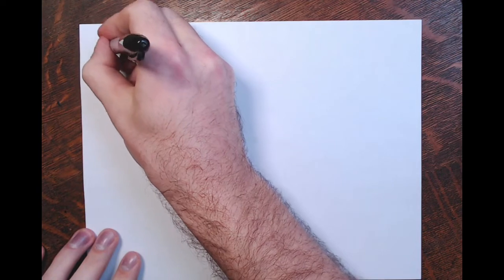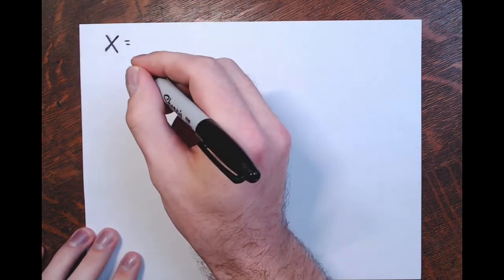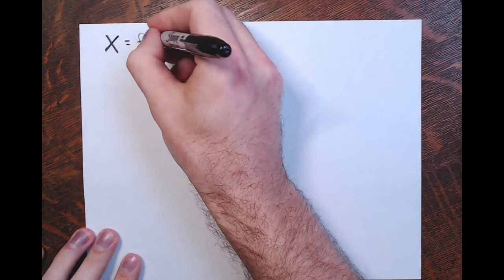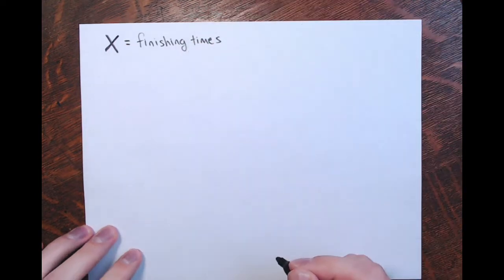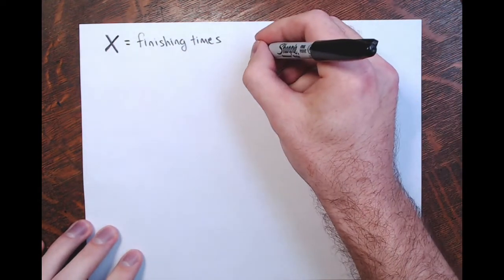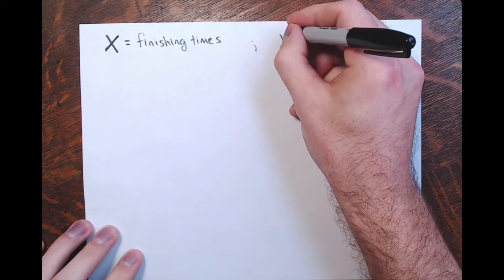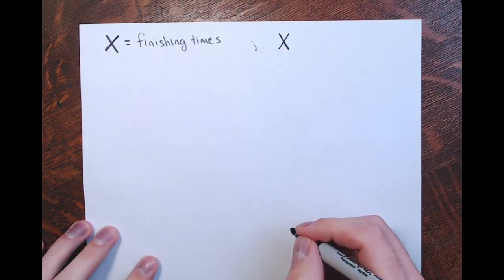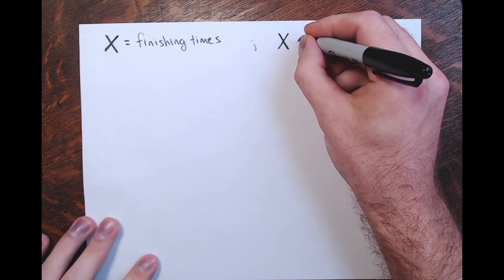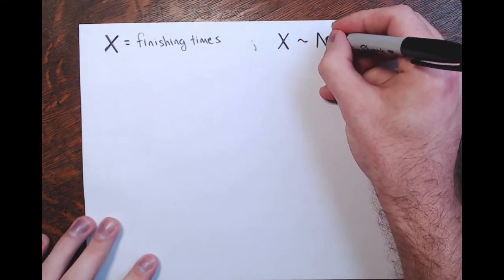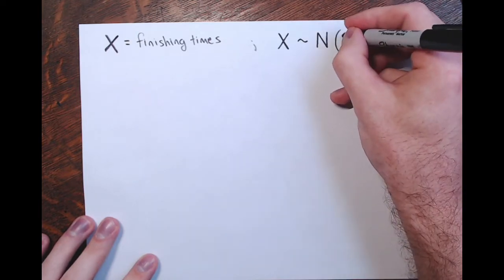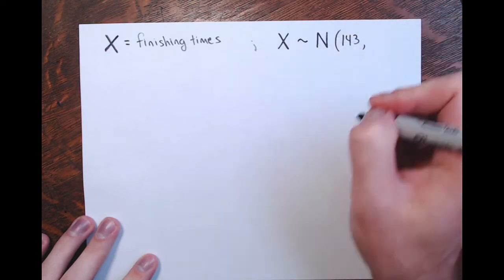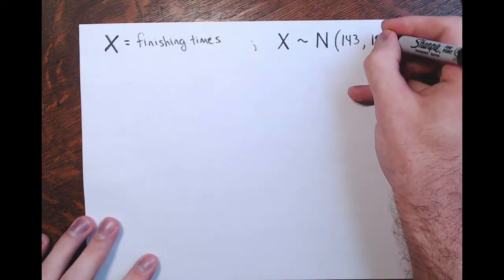In this particular problem, I'm going to have x be these finishing times, the finishing times for these cyclists for this race. And we're told that this set of finishing times for all the racers is a normally distributed random variable, or approximately normal, with a mean of 143 minutes and a standard deviation of 11 minutes.